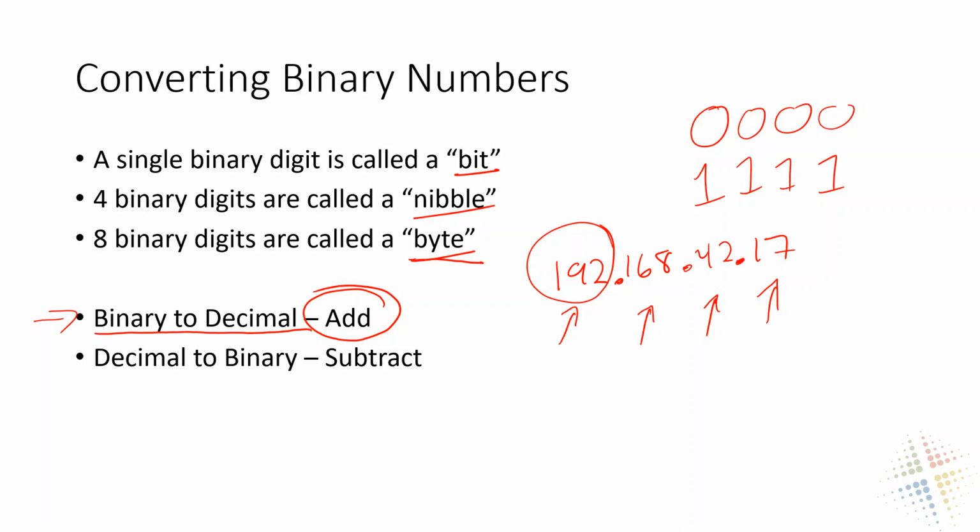So 1, 2, 4, 8, 16, and so on. And then we simply add up those placements. And then in order to convert from decimal to binary, we subtract. We create our list of all of our powers of 2, 1, 2, 4, 8, 16, and so on. And then we subtract from our decimal number in order to get the placements for the binary.